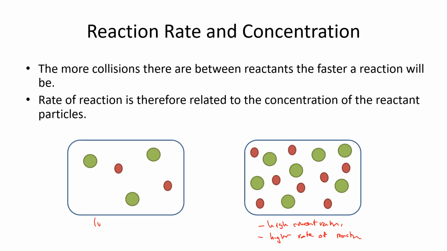And at low concentration, of course, you're going to have a lower chance of collision and a lower rate of reaction. Usually that one's pretty easy to figure out. It works for pressure too. If you increase the pressure by forcing the particles closer to each other, that will cause the reaction to go faster as well.